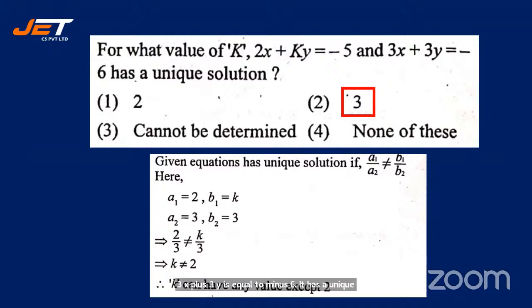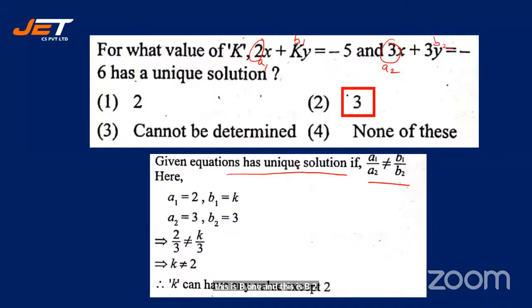So, when we say that this equation has a unique solution, it means that A1 by A2 is not equal to B1 by B2. Yes. So, what is A1? 2. Isn't it? What is A2? 3. So, this is A1, this is A2. And this is B1 and this is B2.